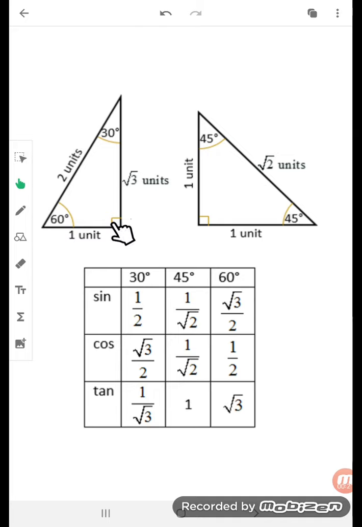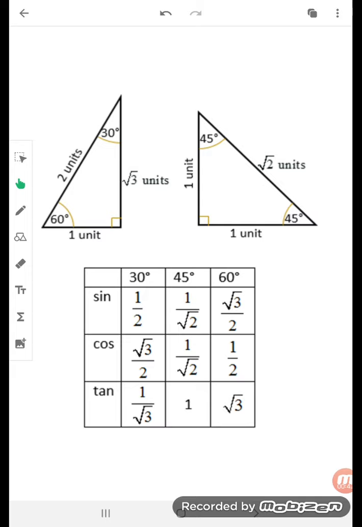Look at this triangle. In this triangle, the right angle triangle is called the 30-60 triangle. The ratio between its sides is 1 to 2 to root 3.